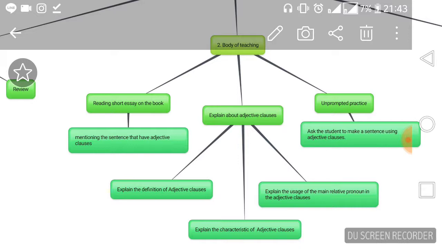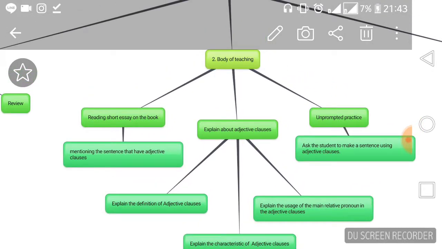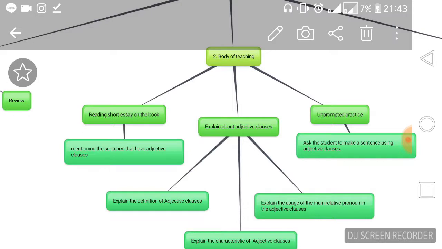We have three main parts in our teaching lesson. The first one is reading a short essay from the book. For our short essay, we use the LKS Bahasa Inggris kelas 11 semester 2 from Intan Pariwara.